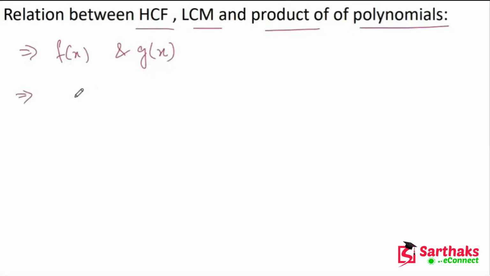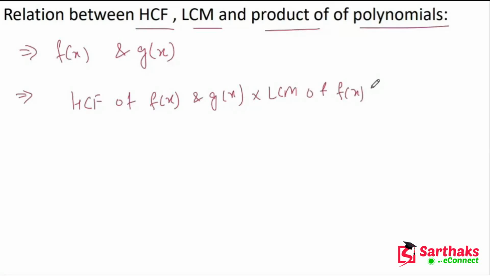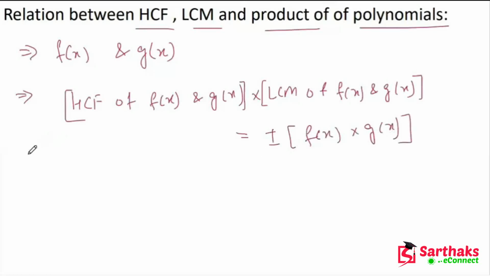The relation is that HCF of f(x) and g(x) multiplied by LCM of f(x) and g(x). So first of all, we have to find the HCF and LCM of f(x) and g(x), and then multiply them, which will be equal to plus minus the product of f(x) multiplied by g(x). So I hope you get this point.